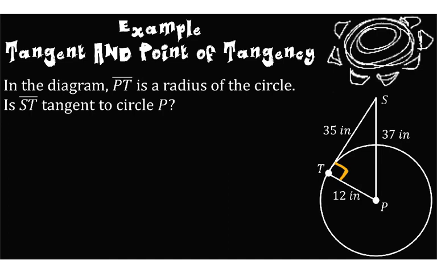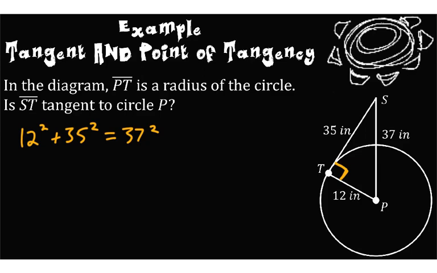So now we have a right triangle, and we know that in all right triangles, the Pythagorean theorem must be true for the side lengths. Since side SP is the hypotenuse, we can set up the equation 12 squared plus 35 squared is equal to 37 squared.